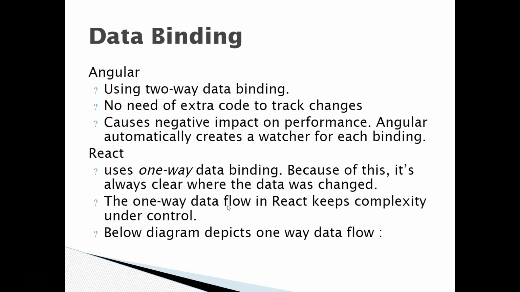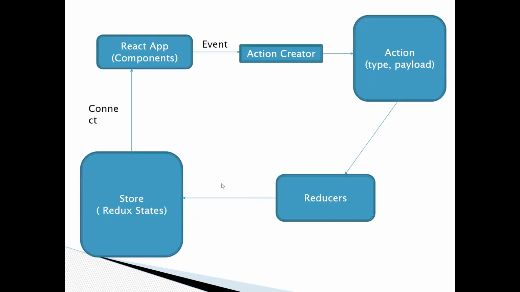Now I'll show the diagram of how it works. Whenever we trigger an event in a React component, it goes to the action creator. The action creator creates an action with the type and the payload we give. Then it goes to the reducer. The reducer is a pure function, so whatever payload we give, according to the type, it will update the state, and then it goes to the store.